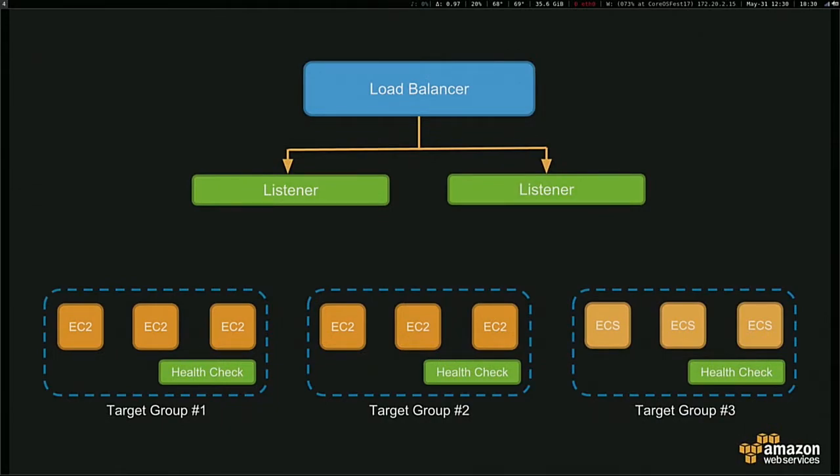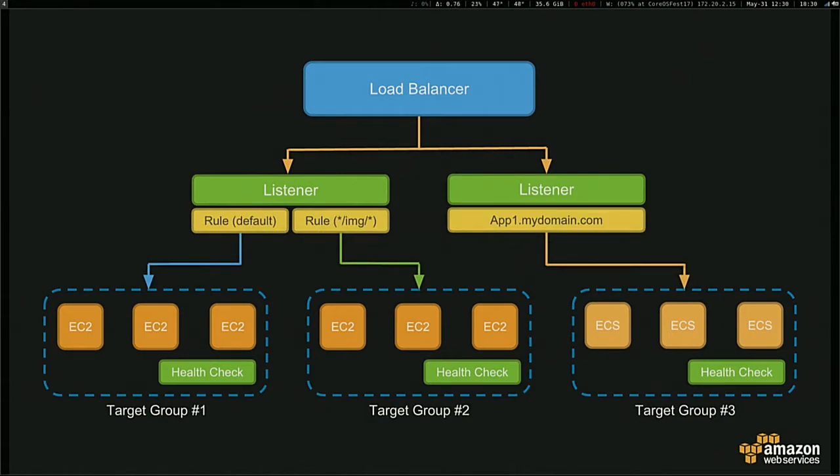So the full architecture here is essentially load balancer in the front. It has two listeners that are probably configured to listen on different ports. You might have HTTP on port 80 and port 443. And then we have a number of different target groups in the back end. So these might represent 3 different services behind your load balancer. We can have 3 different rules here that route to these different services, all behind the same load balancer. So we might have a default rule where we just by default pass all the traffic to target group number 1 here.